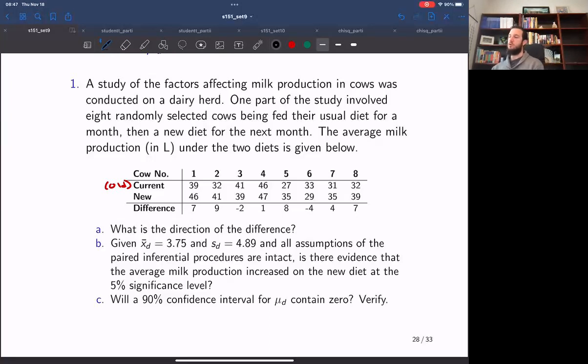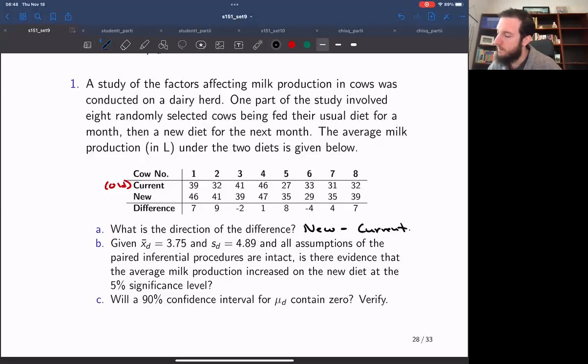So the direction of the difference in this case is new minus current, right? And again, it's important that we establish the direction the difference was taken in, because this is going to determine the direction of the alternative hypothesis in the situation that we are not doing a 2-sided test.